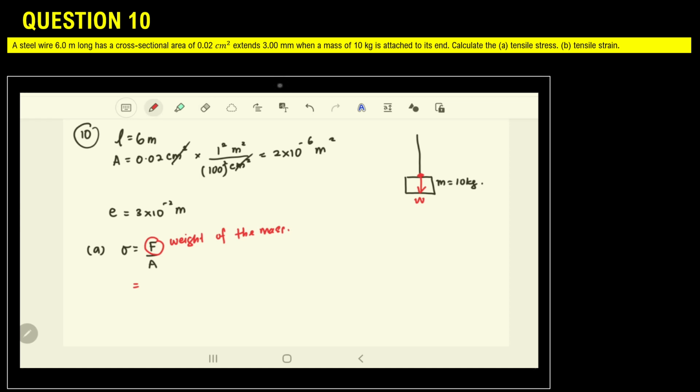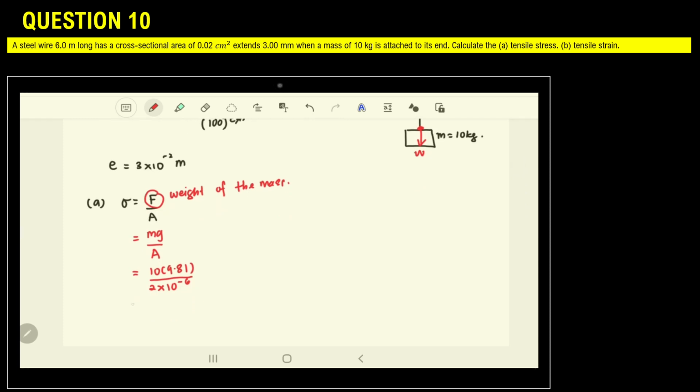Therefore, the tensile stress is equal to mg over A. So mass is 10 kg, 9.81, and the area is 2 times 10 exponent negative 6. The answer is equal to 4.91 times 10 power of 7 Newton per meter squared. Make sure your area is in meter squared.